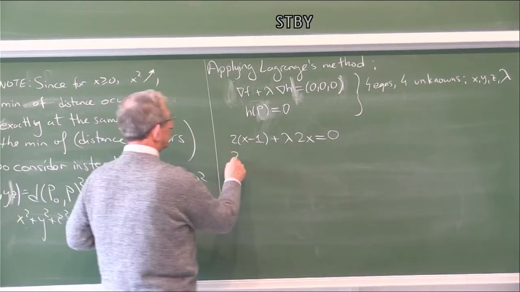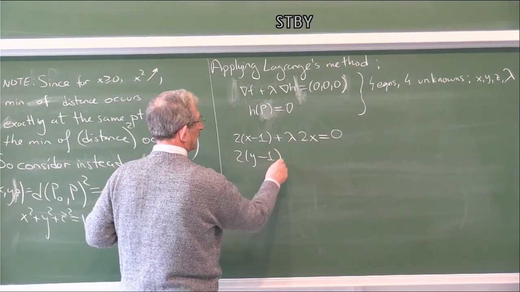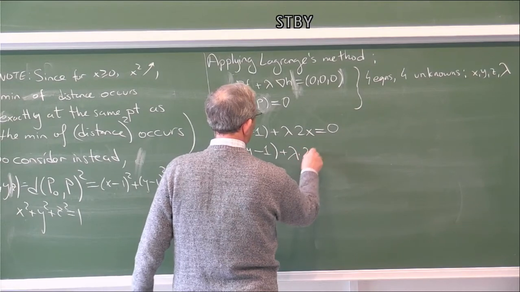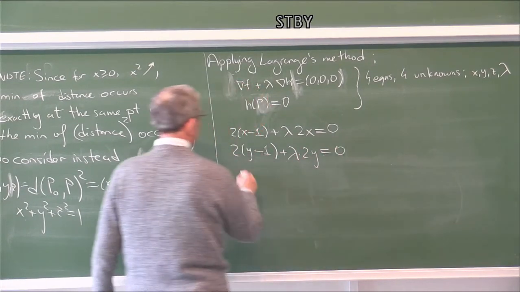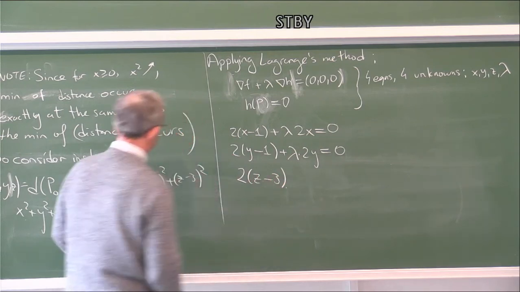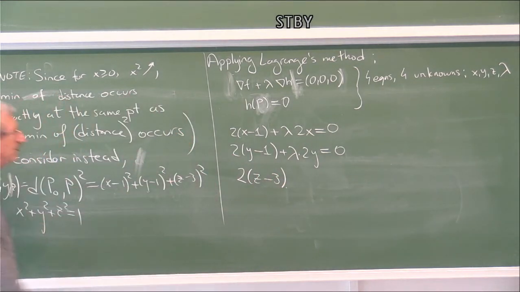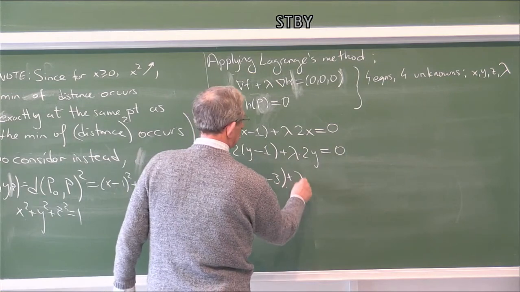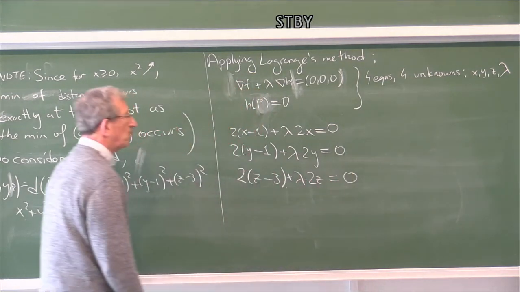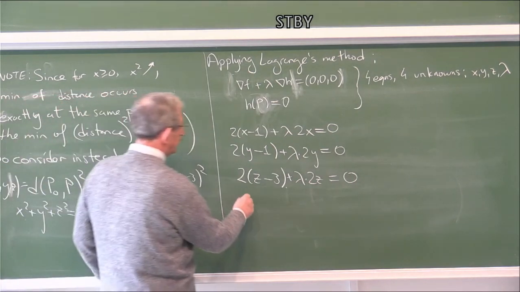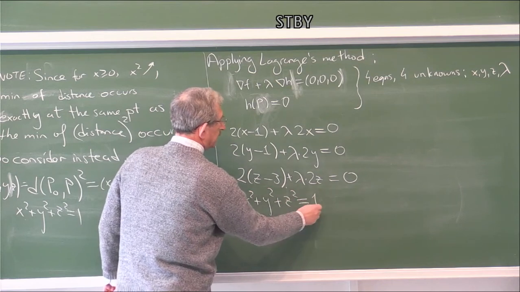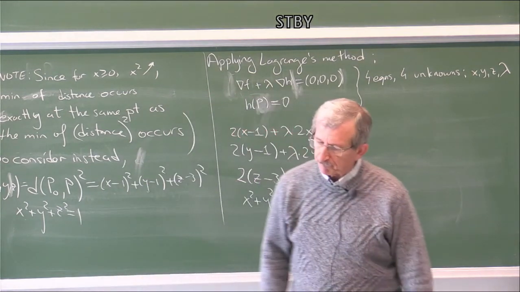Secondly, twice y minus 1 plus lambda 2y will be 0, and twice z minus 3, derivative with respect to z, plus lambda 2z will be 0. And the last equation, x squared plus y squared plus z squared is 1.